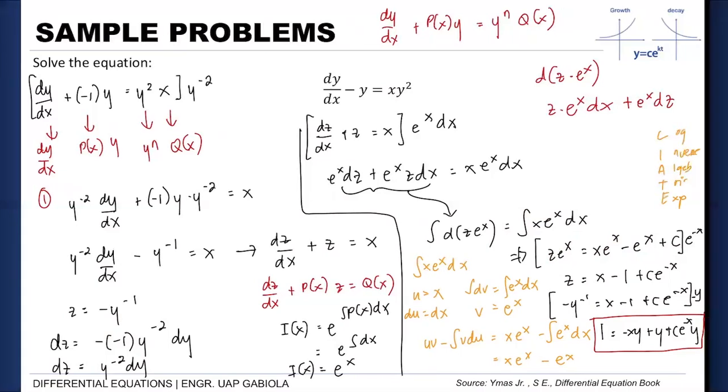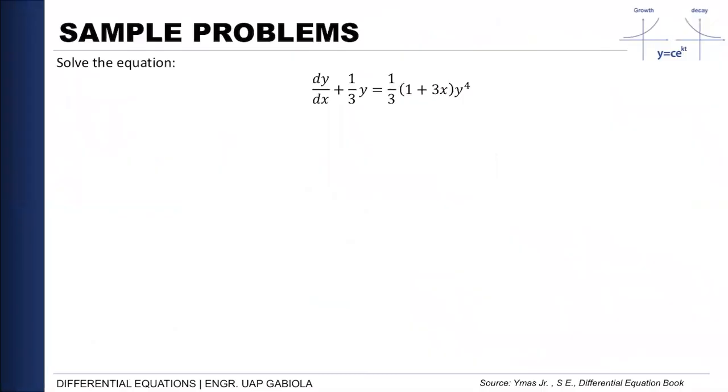Okay, so let's try another one. We have dy/dx plus 1/3 y is equals to 1/3 times (1 plus 3x) y to the 4th. Let's identify. This is our dy over dx. Next in the general formula is P of x times y, then y^n times Q of x.